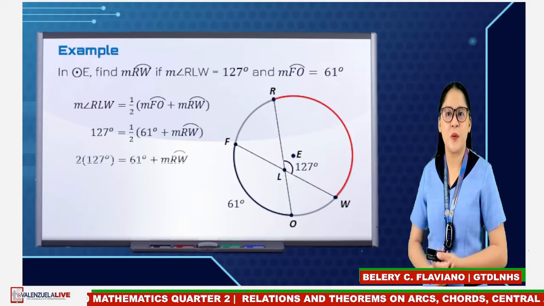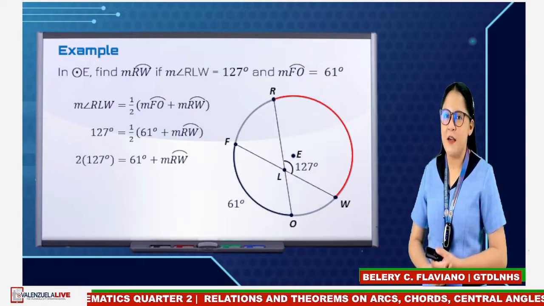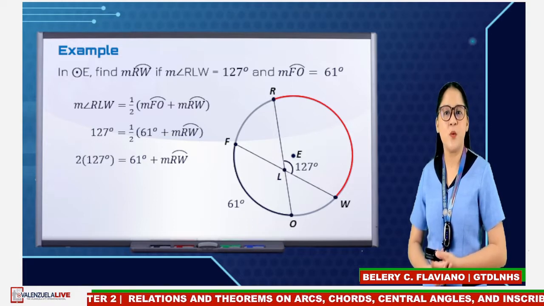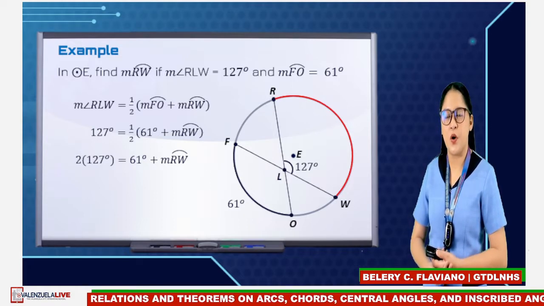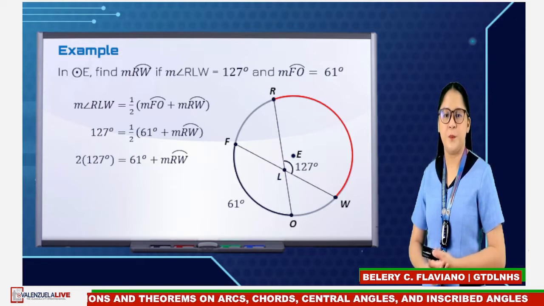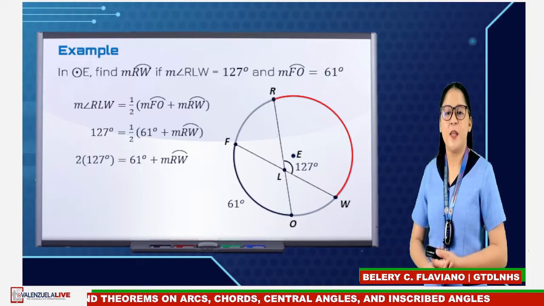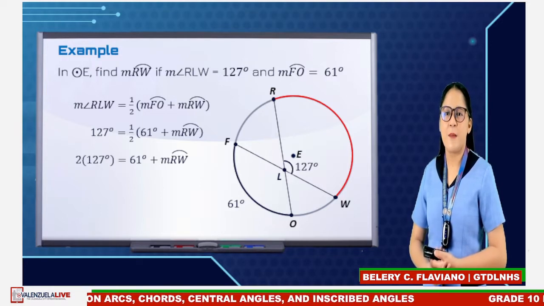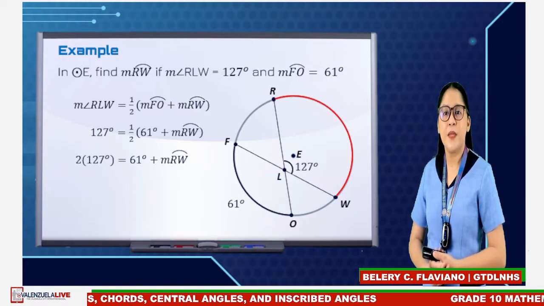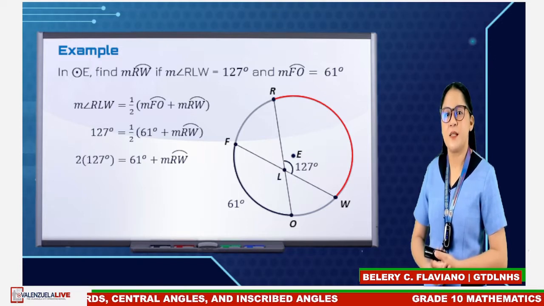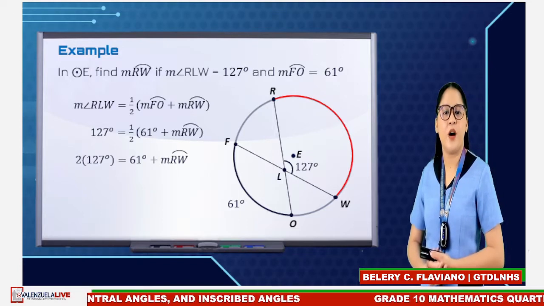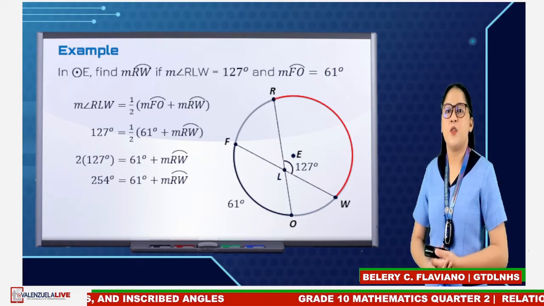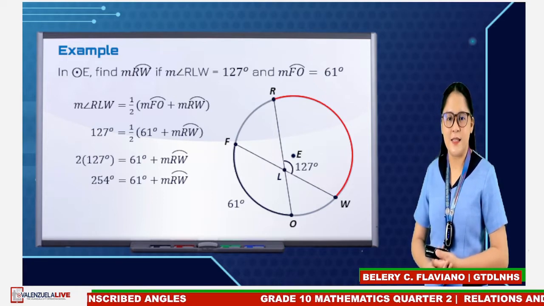Substituting the values, we have 127 degrees equals 1/2 times the sum of 61 degrees plus the measure of arc RW. Applying the multiplication property of equality, we have 2 times 127 degrees equals 61 degrees plus the measure of arc RW. That's 254 degrees.